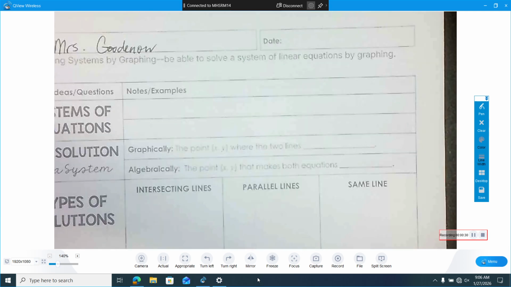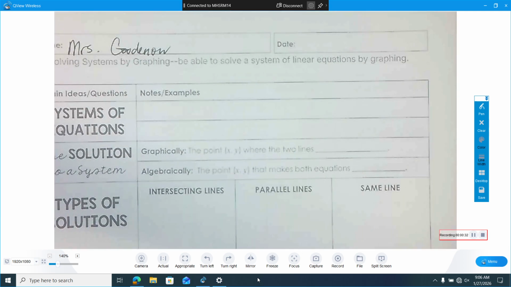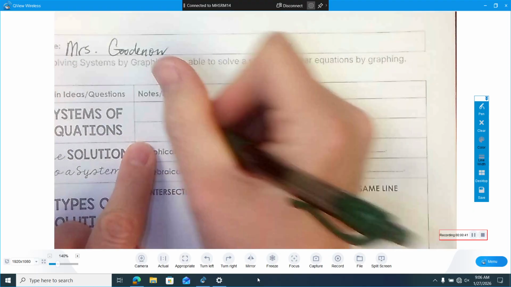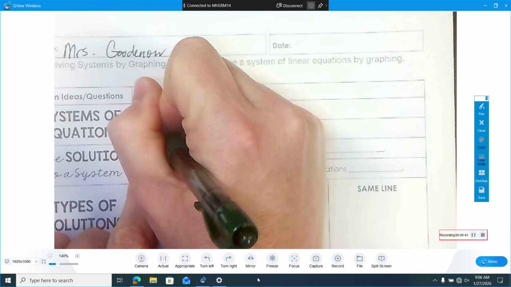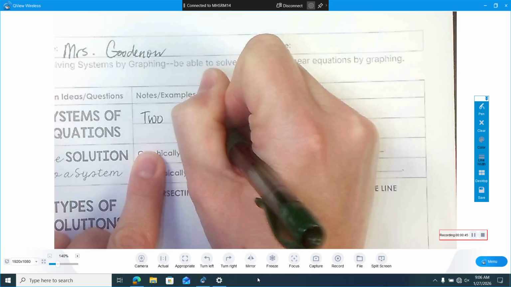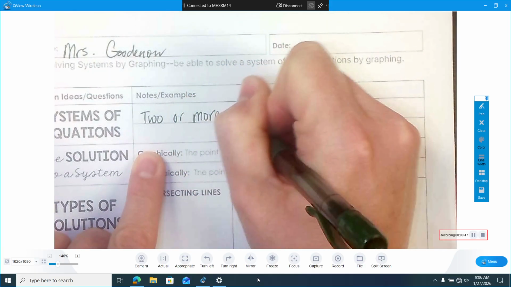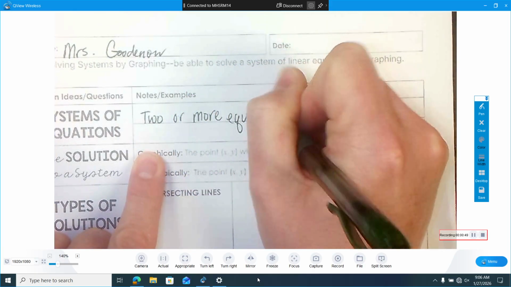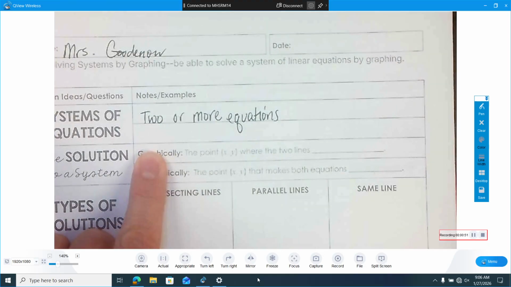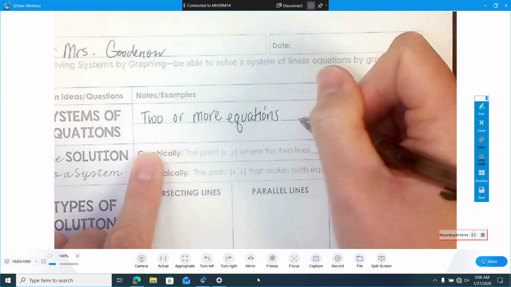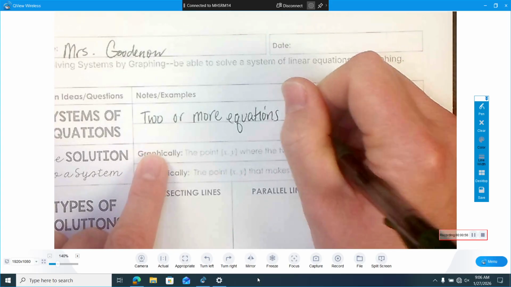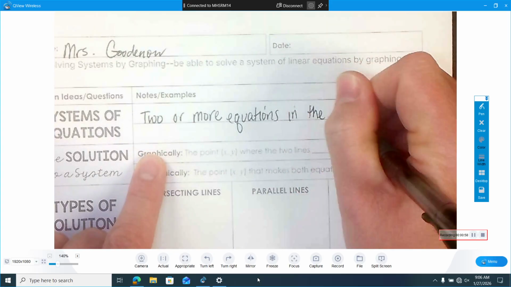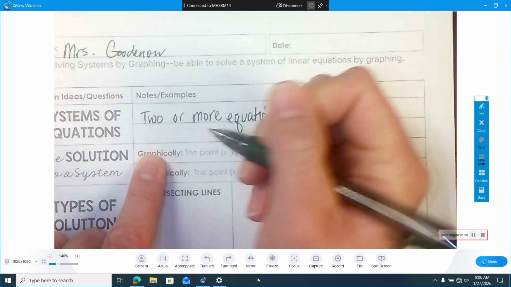That's really annoying. Okay, so today we're talking about systems of equations, and this whole unit is systems of equations. Basically, a system of equations is two or more equations in the same variables.